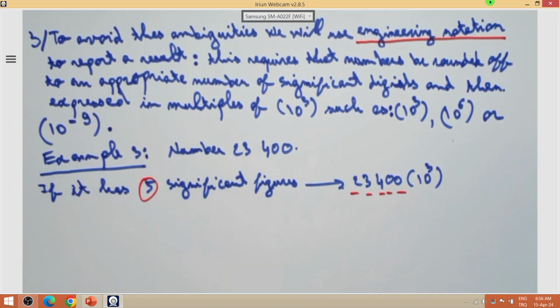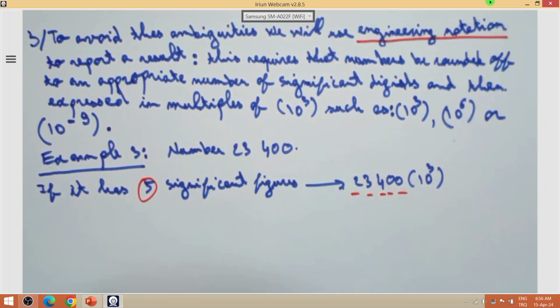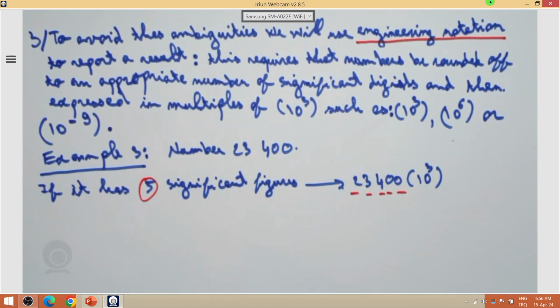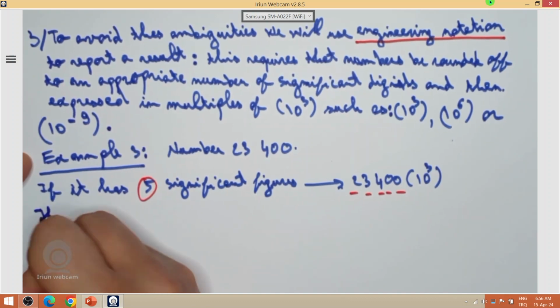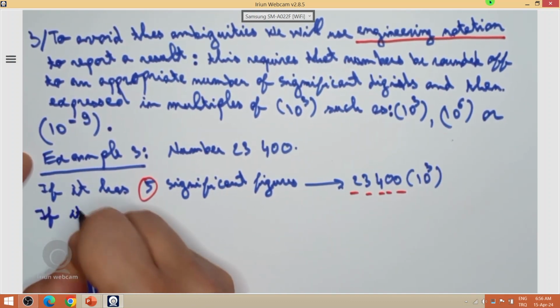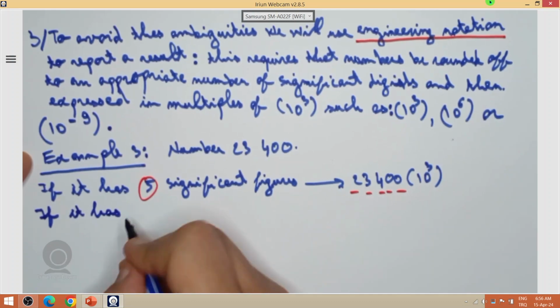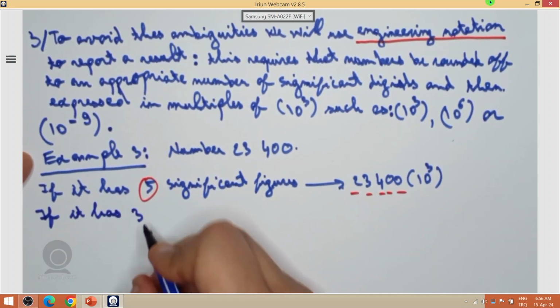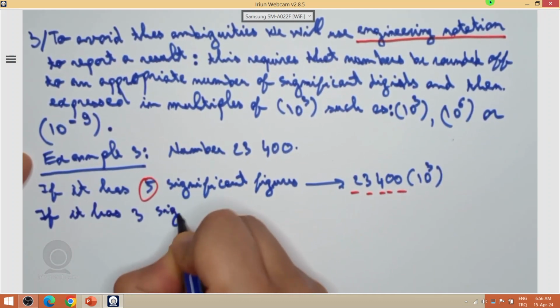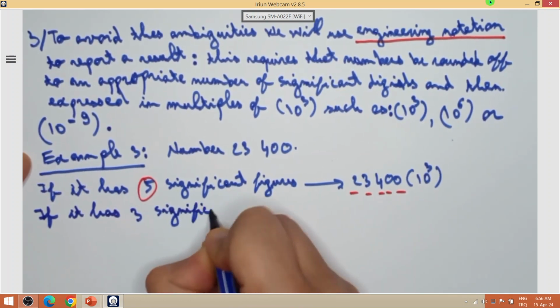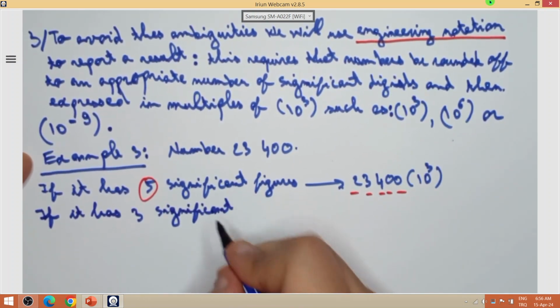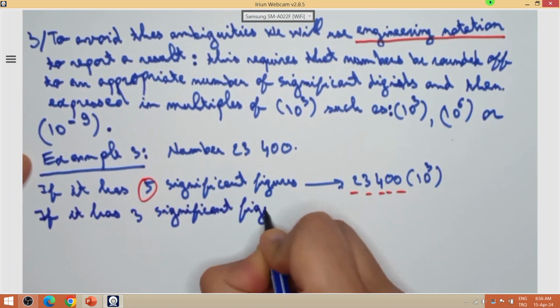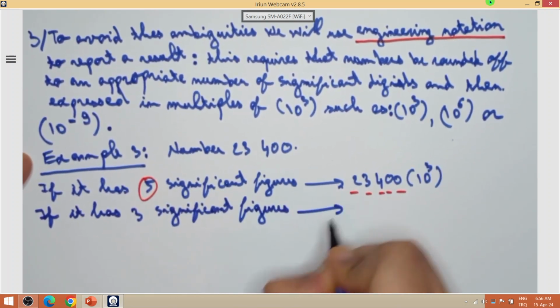But if the number has 3 significant figures, we can write it in this way.